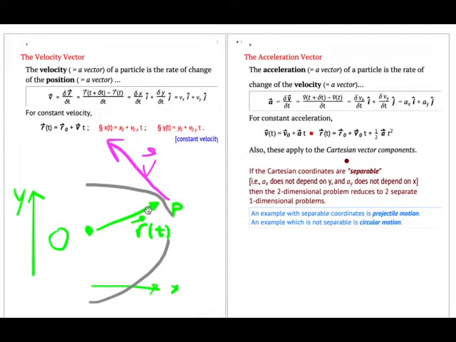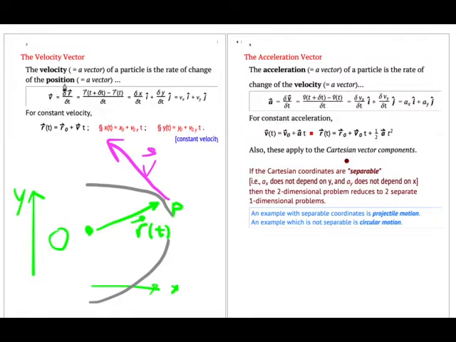That's the velocity vector. The velocity doesn't have to be in the same direction as the position relative to the origin. We'll be considering circular motion where the velocity is perpendicular to the position. So you have to not confuse the direction of the position with the direction of the velocity.